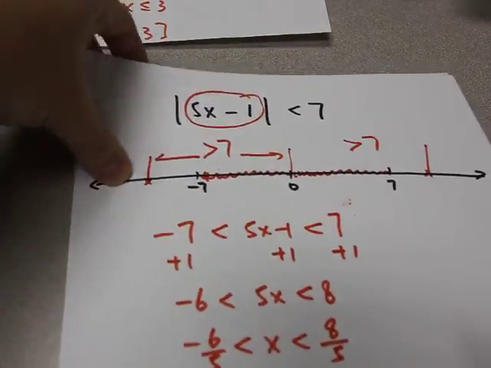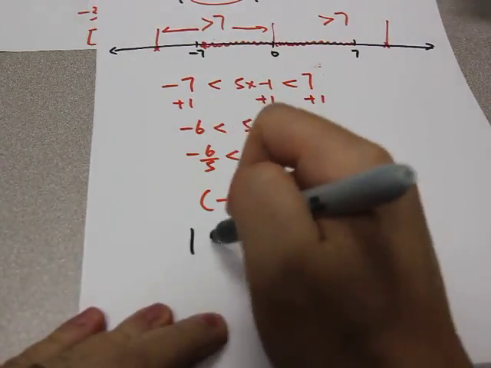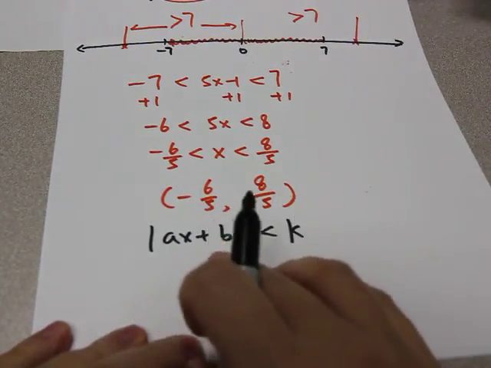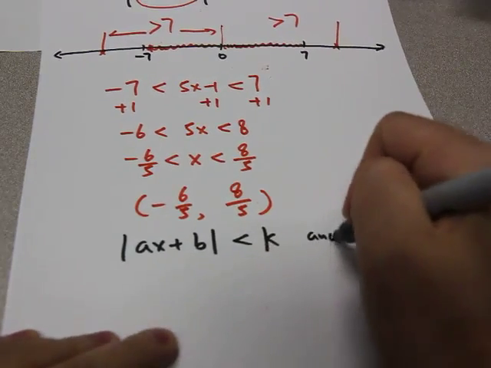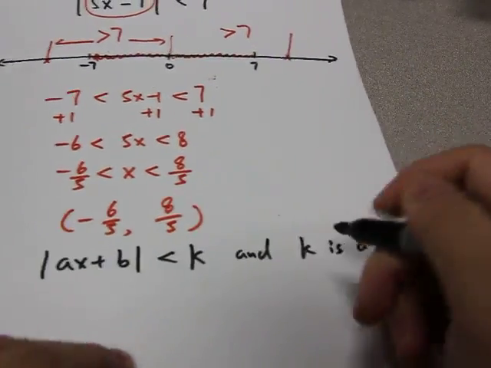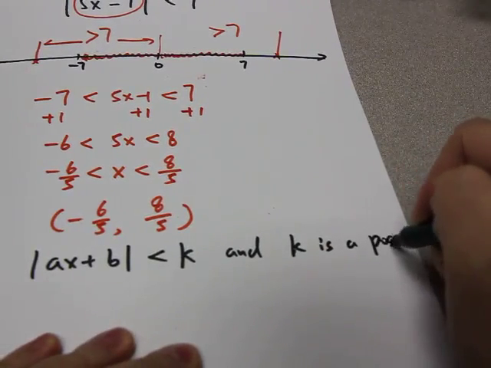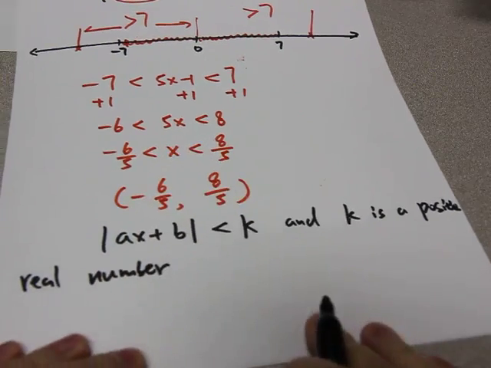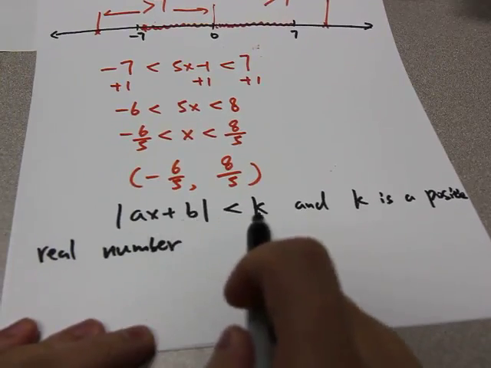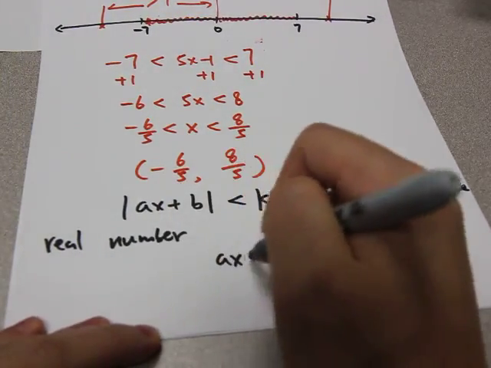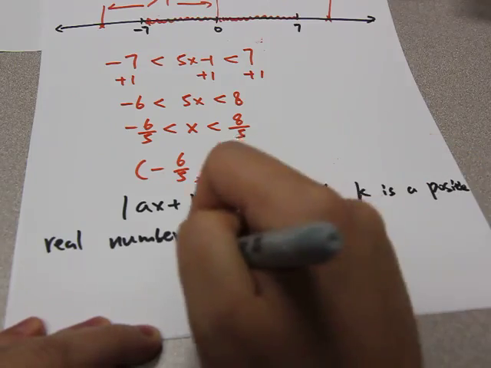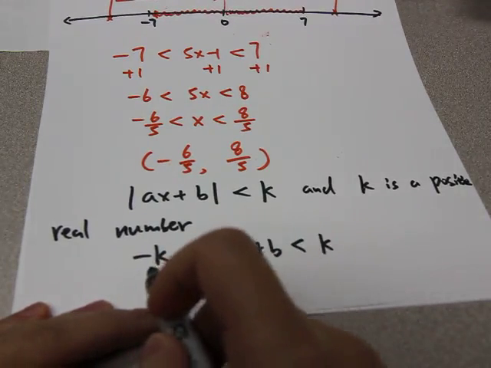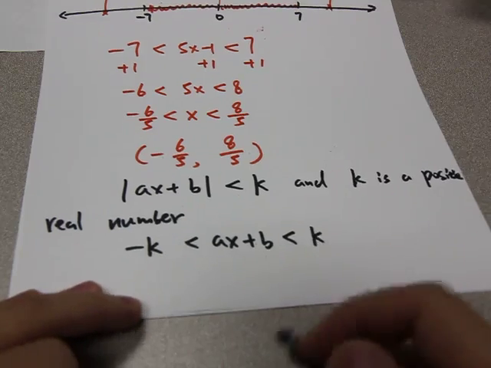Okay, now let me generalize this idea. When we are solving this absolute value inequality, and this is very important, k is a positive real number, this inequality is equivalent to the inequality ax plus b is greater than -k and less than k.